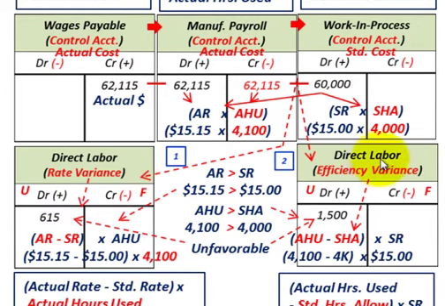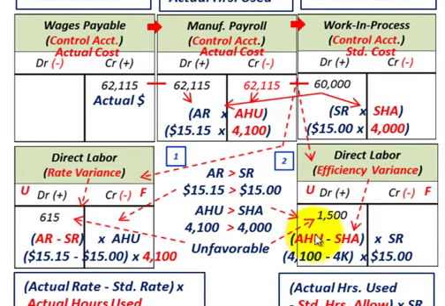And your direct labor efficiency variance is based on the actual hours used, compared to the standard hours allocated, times the standard hourly rate. That gave you your direct labor efficiency variances.